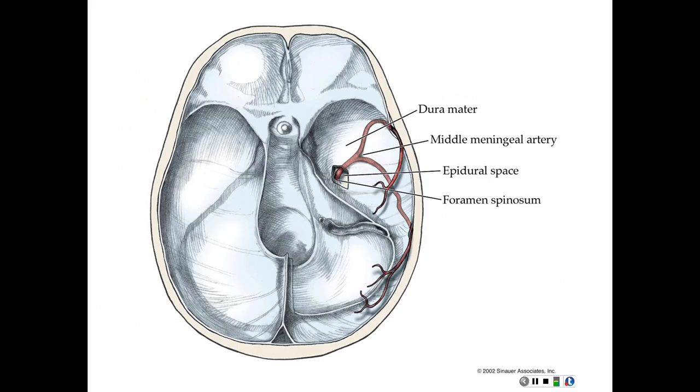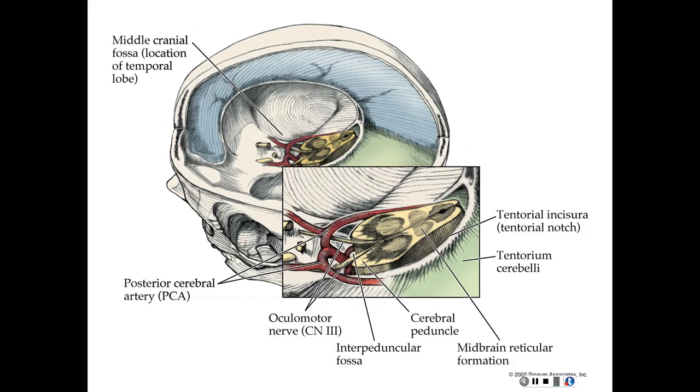Well, first of all, the middle meningeal artery passes through a little foramen called the foramen spinosum. The middle meningeal is found there between the bone and the dura, in that potential epidural space. And as it bleeds under high pressure, it rips the dura away from the bone, causing that expanding space-occupying lesion. Imagine this space-occupying lesion now distorting the brain.